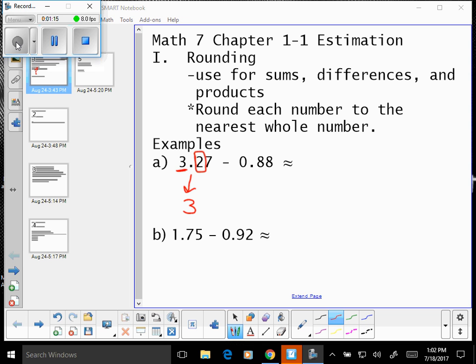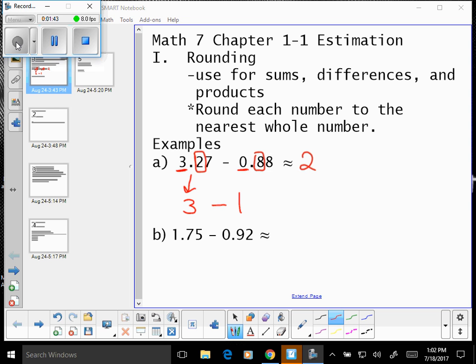I hope you remember the rule that if it's about rounding, it has to be 5 or more, and then you go up. If it's less than 5, you stay the same. We're going to be subtracting. Ones place, tenths, that's an 8, so that means it's going to go to 1, and my estimated difference will be 2.